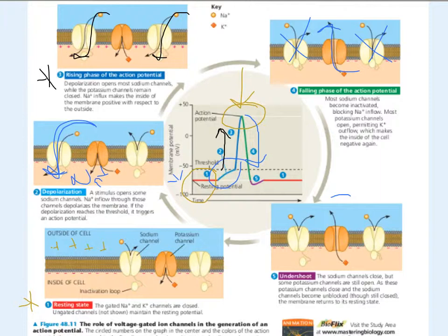Now, sometimes this takes a little too long and too much potassium goes out, and so we dip down a little bit too far. And then again, the sodium-potassium pump will fix that, and then we're back to our resting state. So this is what we're trying to get. We're trying to get to this right here, that on switch.